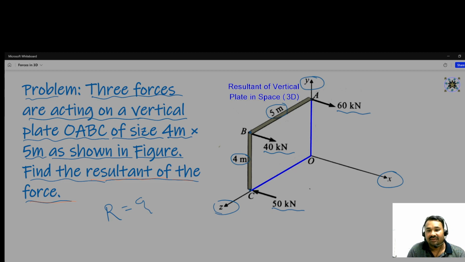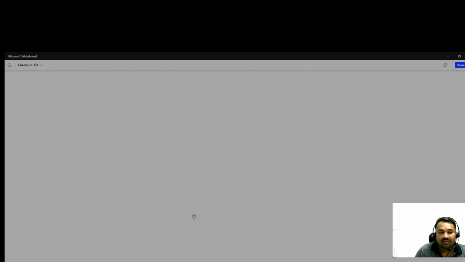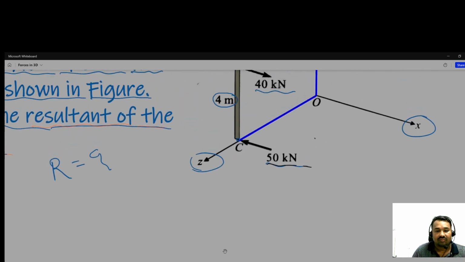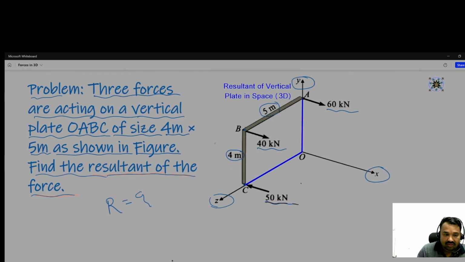It is also parallel to X, and this 50 kilonewton is also parallel to X. So firstly we have to find out the resultant here. So how to find out the resultant?